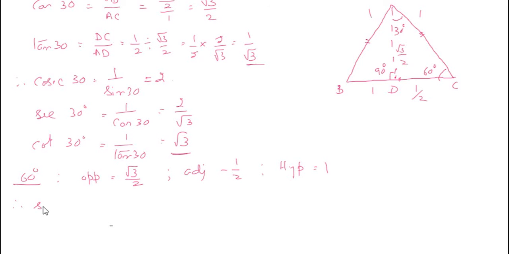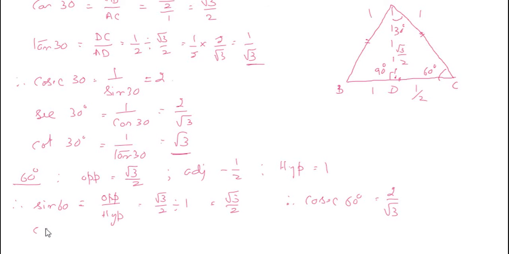Therefore sine 60 equal to opposite side divided by hypotenuse. Opposite side is root 3 by 2 divided by hypotenuse 1, so it is root 3 by 2. Therefore cosec 60 is inverse of this one, that is 2 divided by root 3.